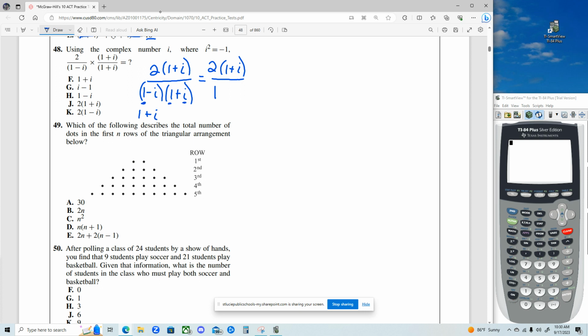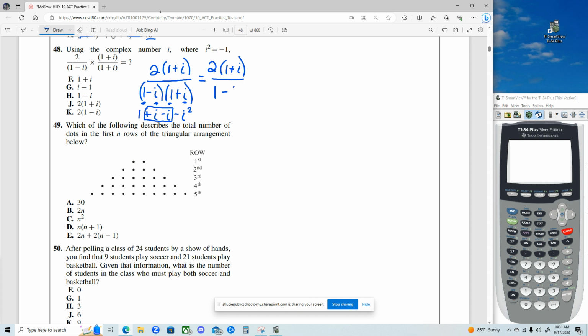And then inner, negative i times 1 is minus i. And then last, negative i times i gives negative i squared. These two in the middle, a plus i minus i, are going to cancel each other out. So this whole bottom here turns to 1 minus i squared.